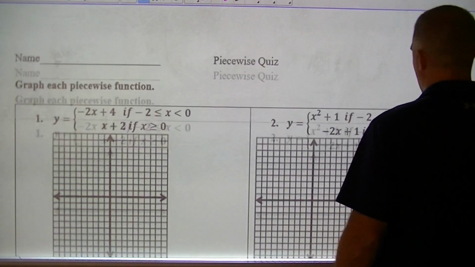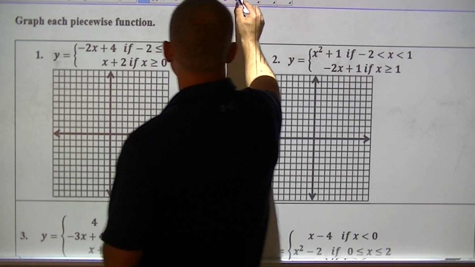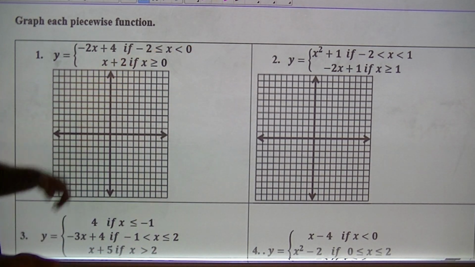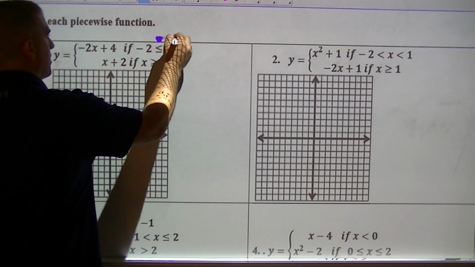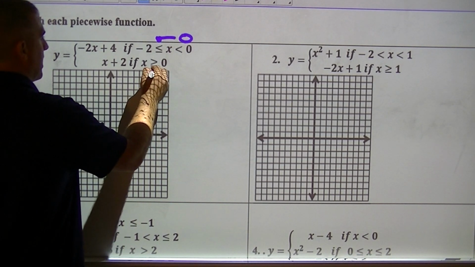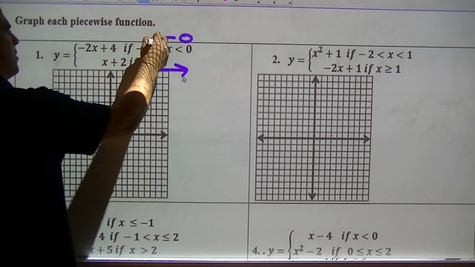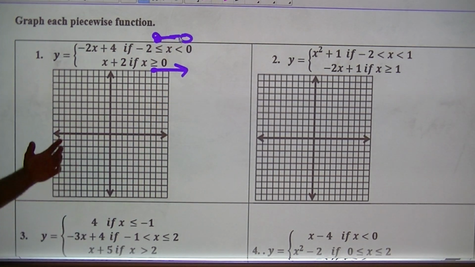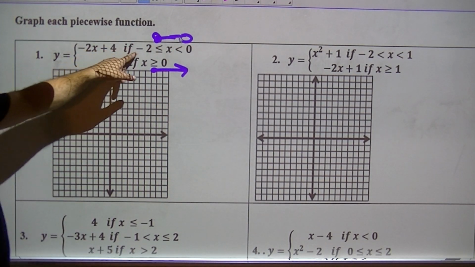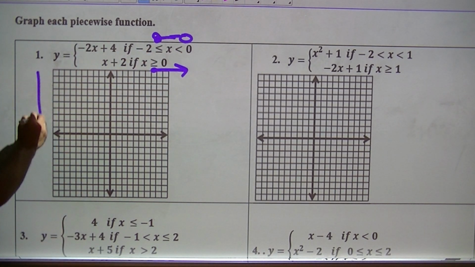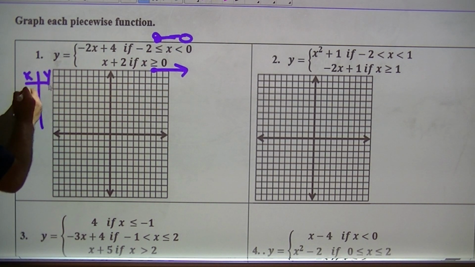So what I know right off the bat, looking at this, is that this section will be open here. This will be a right arrow. Make sure that you don't put extra arrows or dots in depending. So, now that I know that, I have this. Automatically I know I'm going to build from -2, -1, 0.